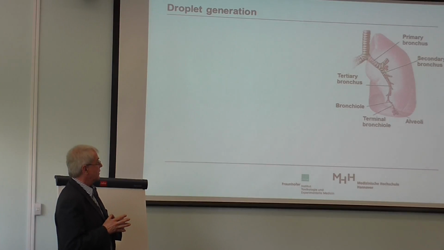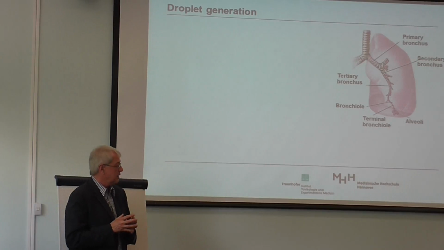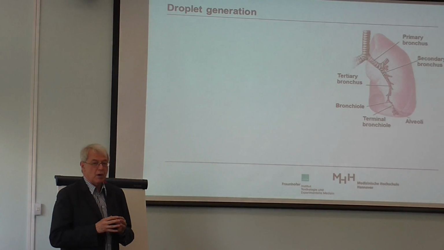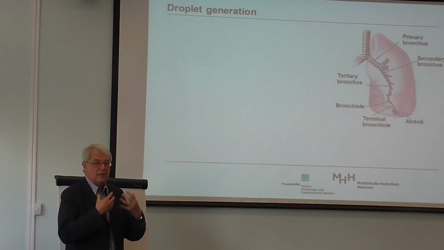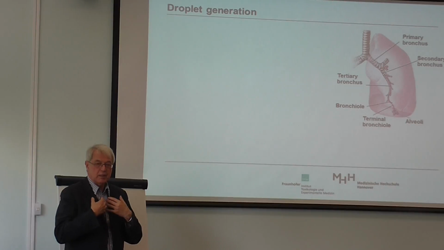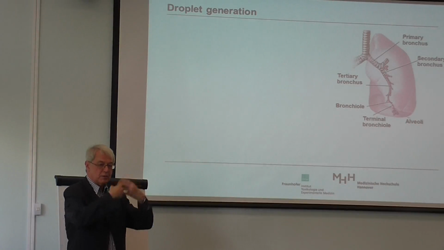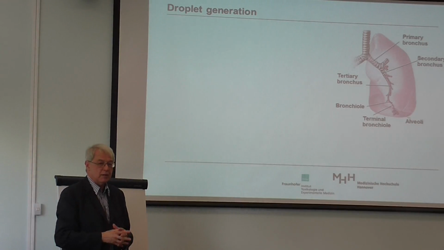And one of my colleagues investigated exactly this process. So how do small droplets leave the lung? It's not by speaking or coughing, and of course everybody knows that you form droplets, but these are very big and they do not reach out very, very far.